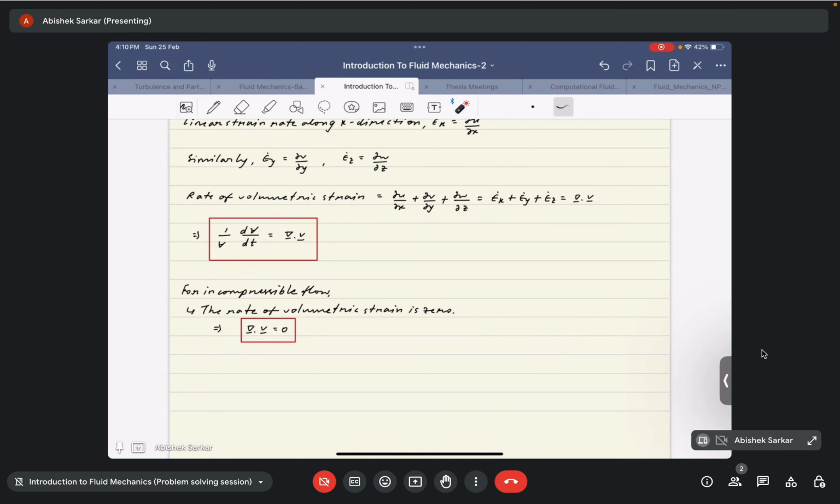Similarly, vice versa, if the volumetric strain rate of the fluid particle is 0, it would mean that the divergence of the velocity field is 0. So this is a very important concept for understanding the significance of what the divergence of the velocity field actually means.